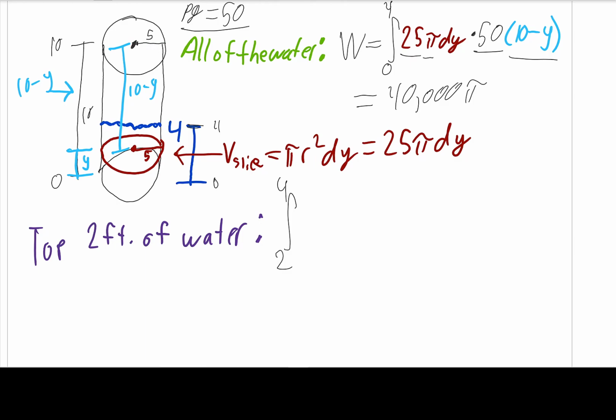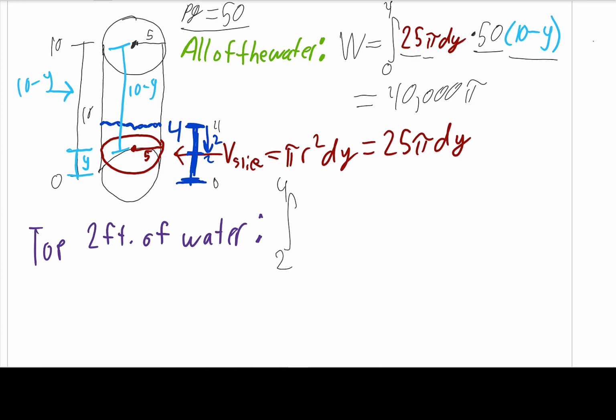Here's our water in the tank. If I want the top 2 feet, then I want to go from the top down 2. And so my integral is from 2 to 4. If my water rose to a height of 7, and I wanted the top 2 feet of water in the tank, I would do the integral from 5 to 7.